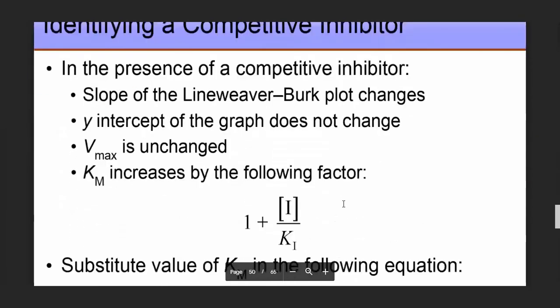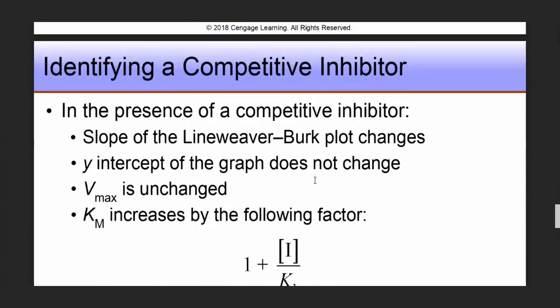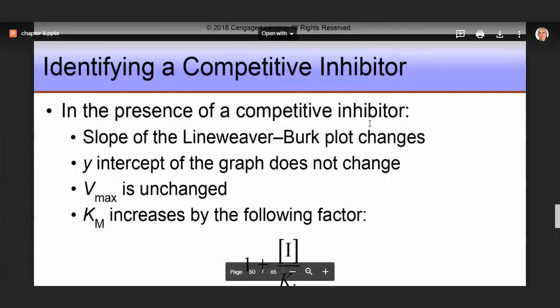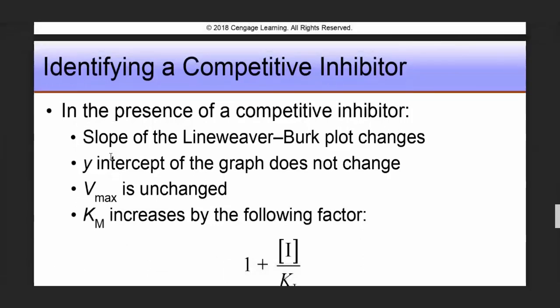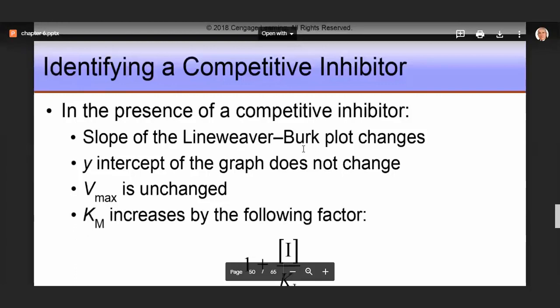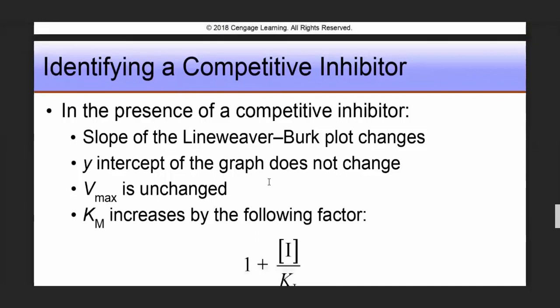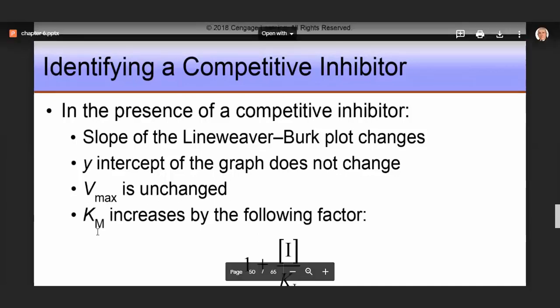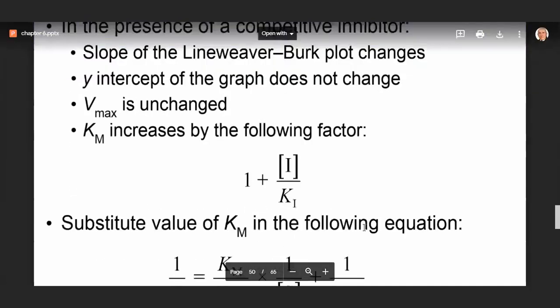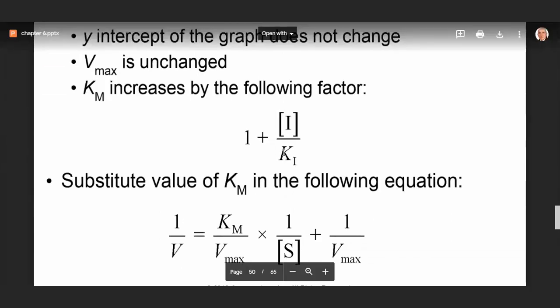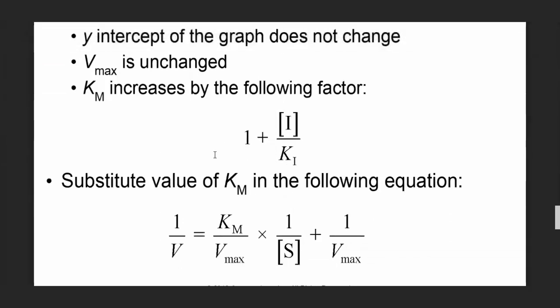Now, let's see what happens in the presence of a competitive inhibitor. The slope of the Lineweaver-Burk plot changes. The y-intercept of the graph does not change. Vmax is unchanged. Km increases by the following factor: 1 plus I divided by Ki. We call this alpha.